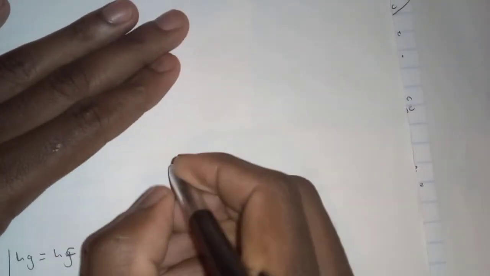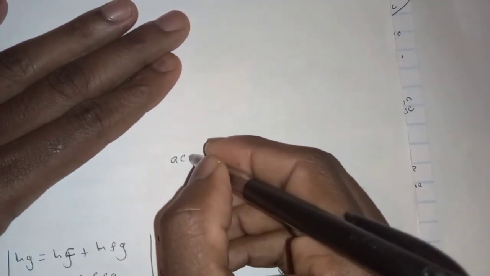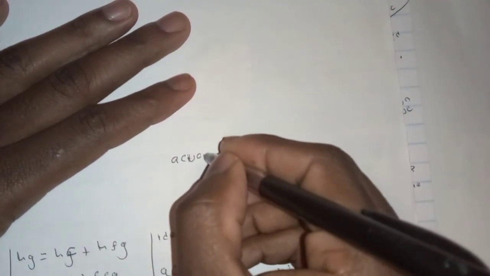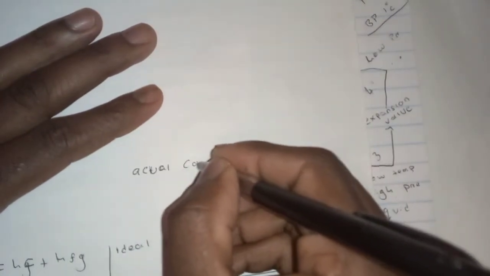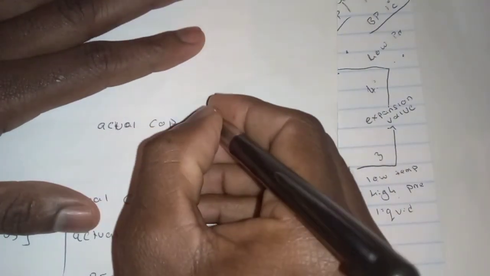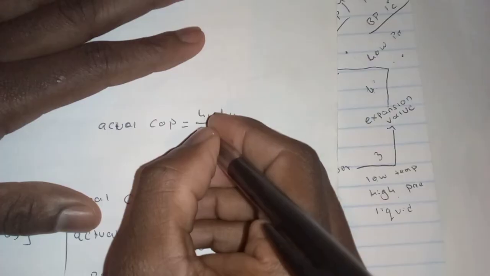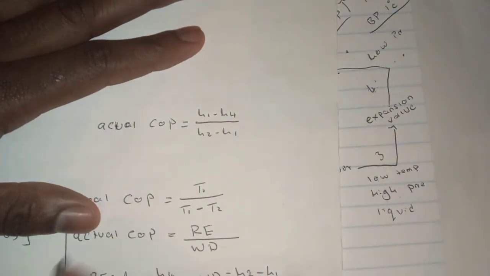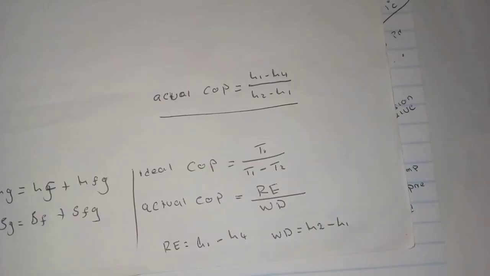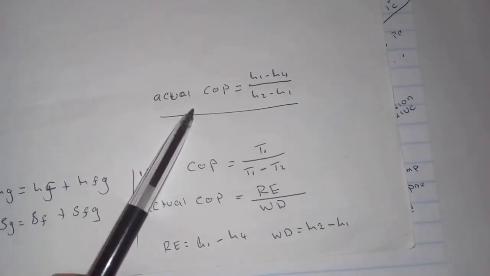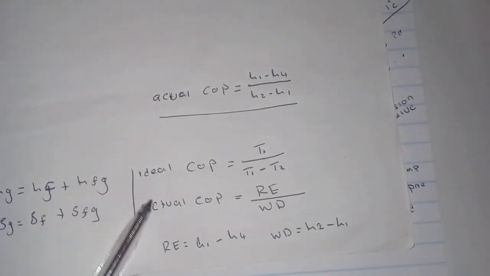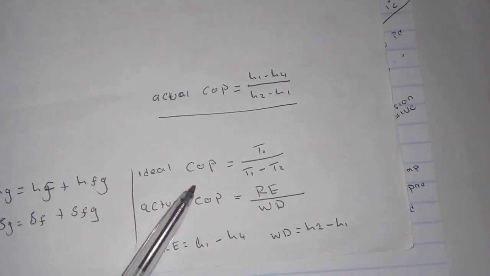So we can also say that the actual coefficient of performance is given by RE, which is H1 minus H4, divided by work done, which is H2 minus H1. That is the formula for the actual coefficient of performance. You will always calculate for this one unless you are told to calculate for the ideal coefficient of performance.